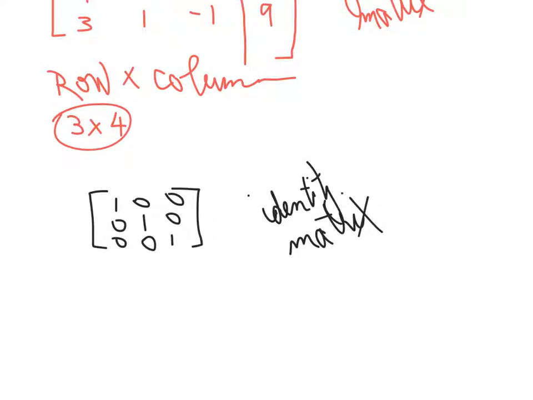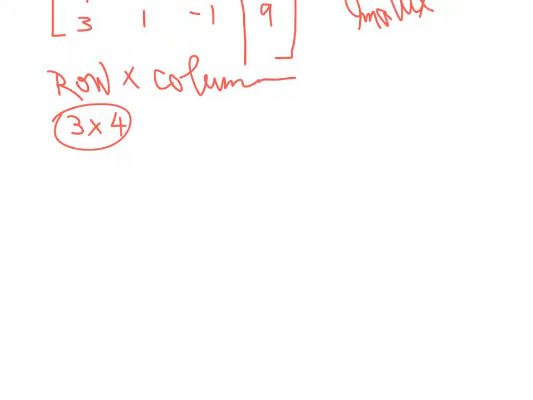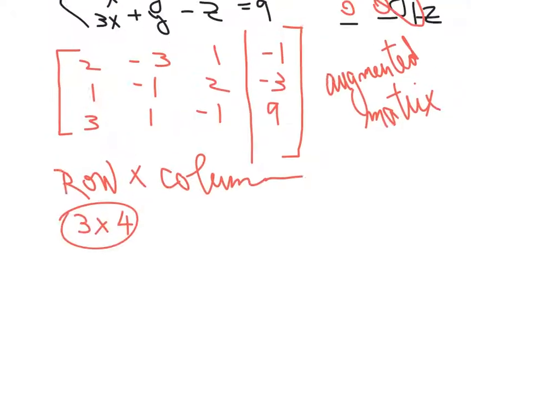Okay, so we've got a couple different types of matrices that we're going to look at. The first one is called an echelon form of matrices. All right, so let's get started on how to solve these.